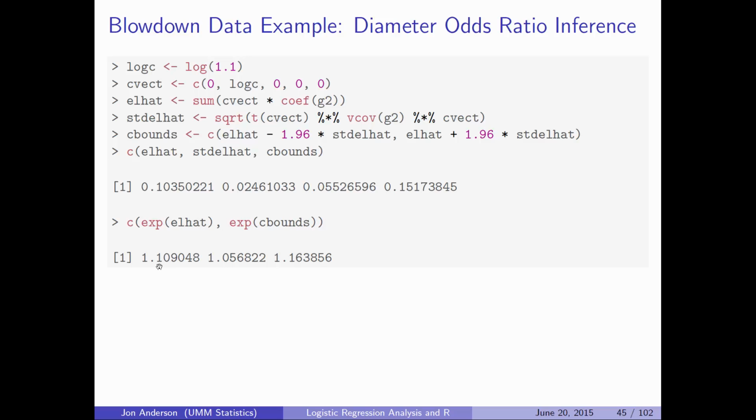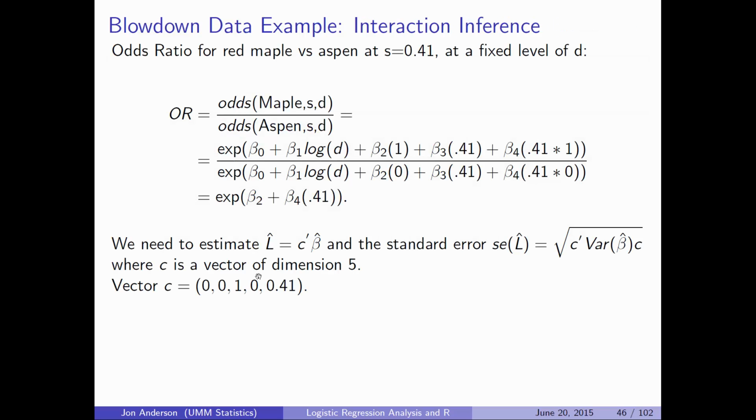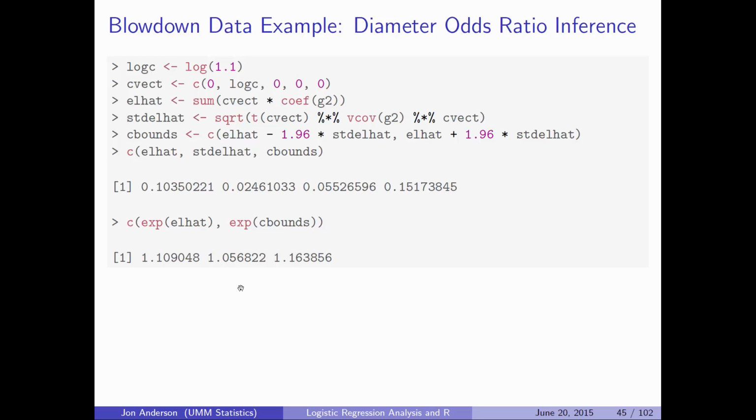You can see that the estimated odds ratio is 1.11, and the confidence boundaries are all above 1, so it is very clear evidence that as diameter goes up by 10%, there's 1.11 times the risk of death, and that this risk of death is clearly increased because the confidence bounds for the odds ratio are clearly above 1.